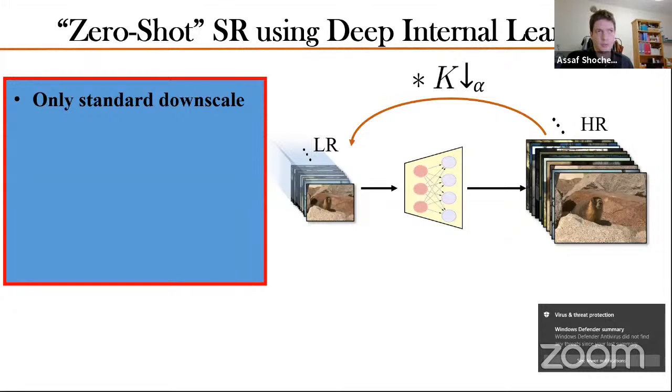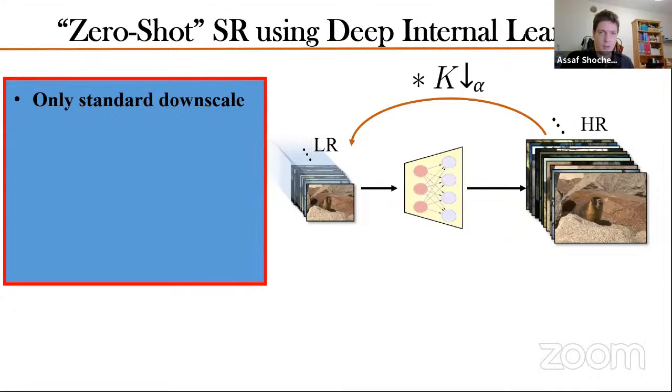Downscaling an image is done by convolution with some kernel and then subsampling. I believe most of you know that if you don't do any low pass filtering, you're going to get aliasing, and this kernel that you do the convolution with turns out to be super important for super resolution.